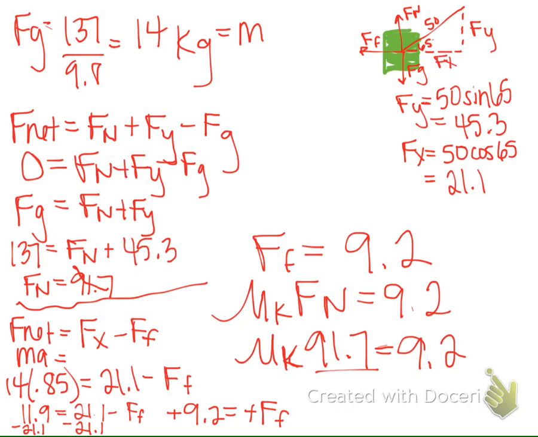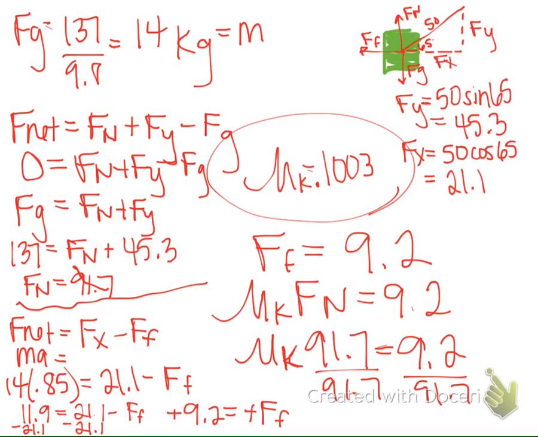Exactly. We're going to move over the 91.7. I got 0.1003. Okay. 0.1003. Is that what you said? Yep. So you can just round that to 0.1. Okay, 0.10. Pretty much, you can round to 2 decimal places. That can be the plan, 2 decimal places.